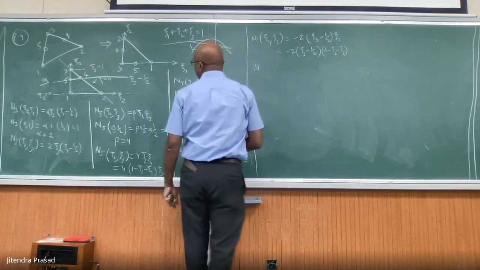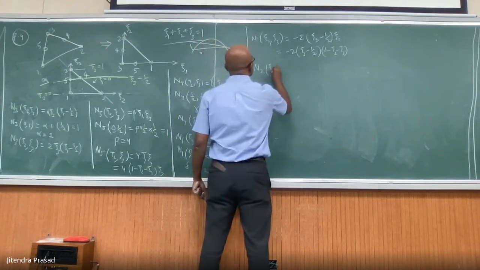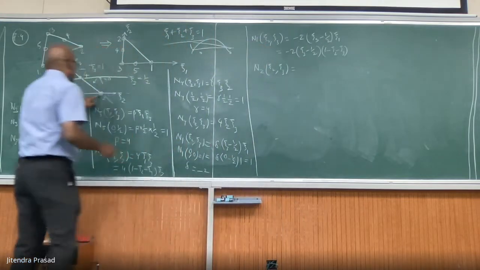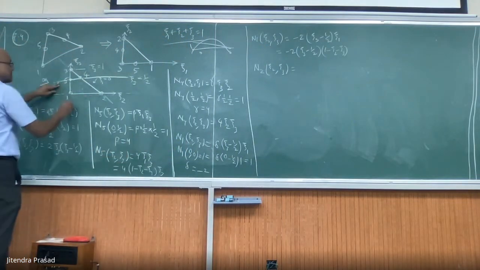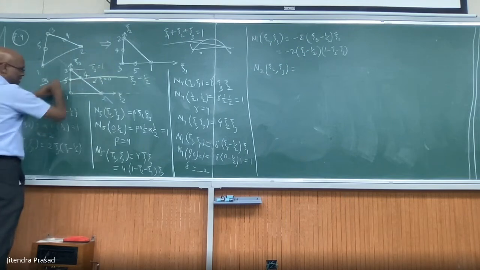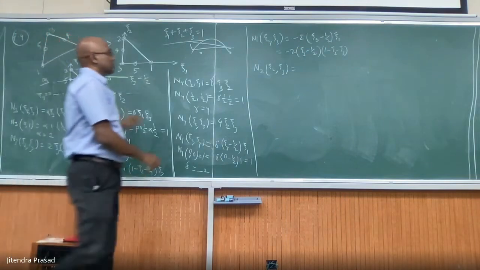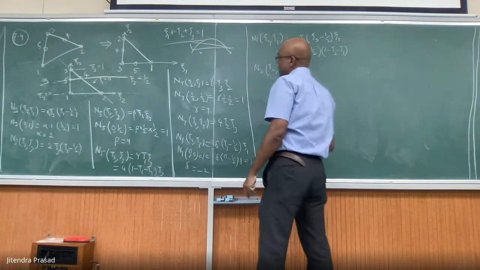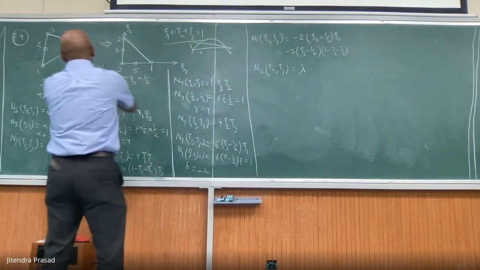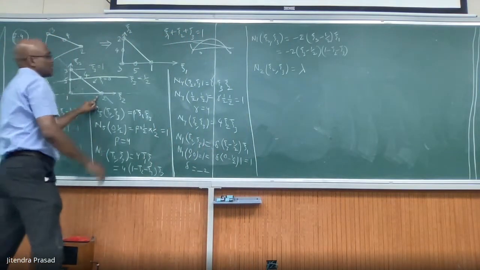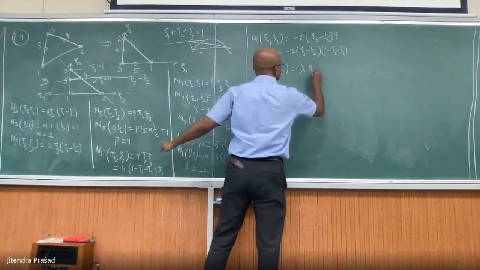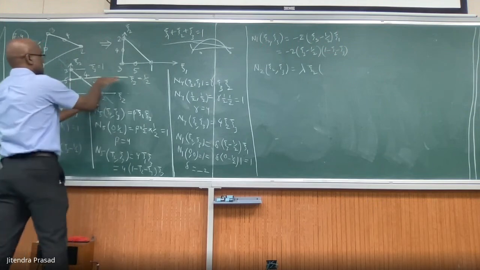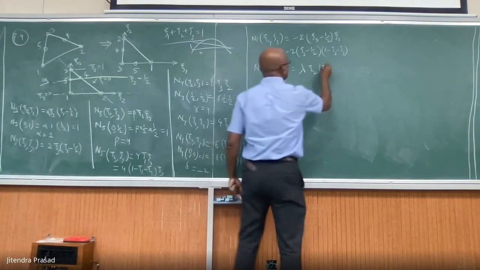Similarly, N2(xi2, xi3). Here also we have this line and this line, this line and this line. Let's call the constant lambda, and this line is xi2 equal to 0, so we write xi2, and then xi3 minus half.